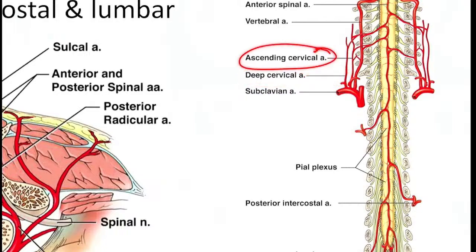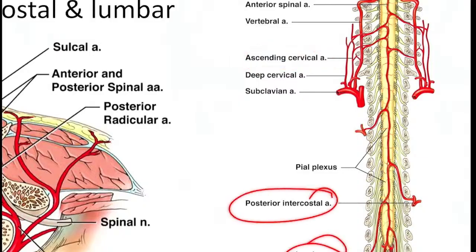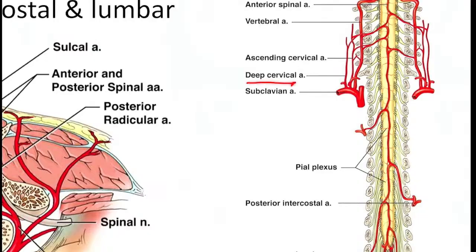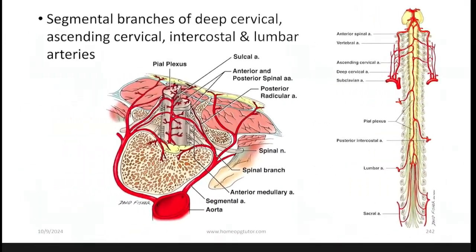Okay, we have intercostal arteries and lumbar artery. So basically these are the ones you have to remember. The segmental branches of the deep cervical, segmental branch of the ascending cervical, then the posterior intercostal arteries, as well as the lumbar artery. These are the other arteries that supply blood to the spinal cord. Okay, so please remember.